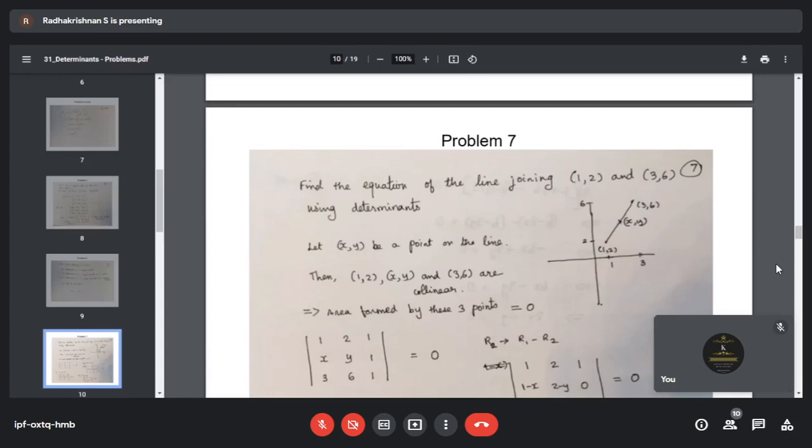So if you evaluate this determinant, what do you get? Let me see.